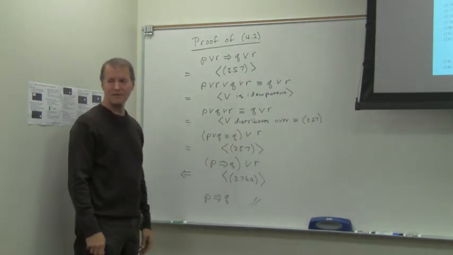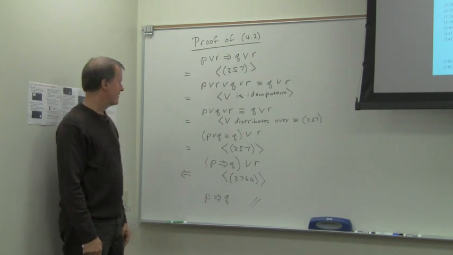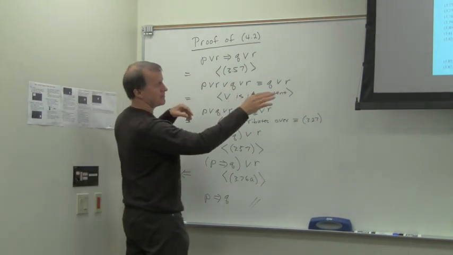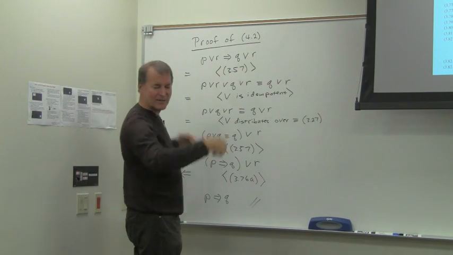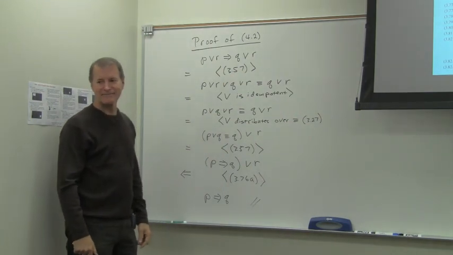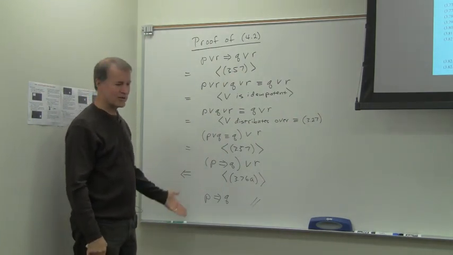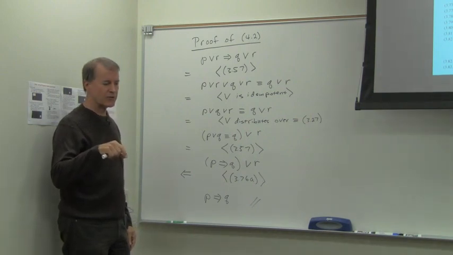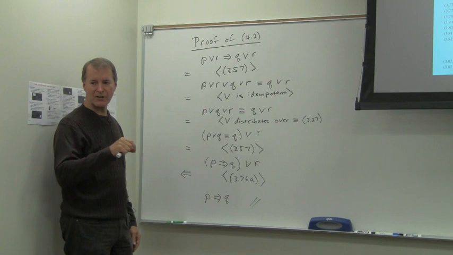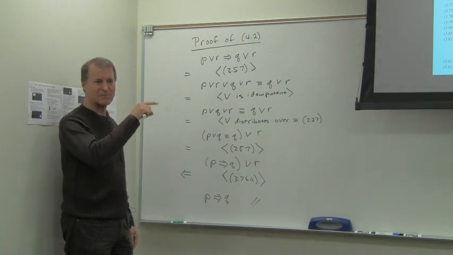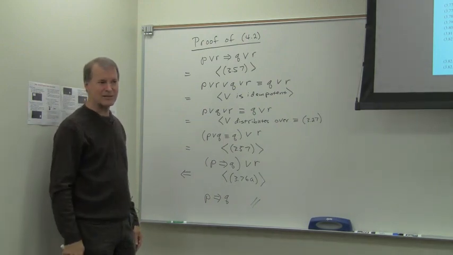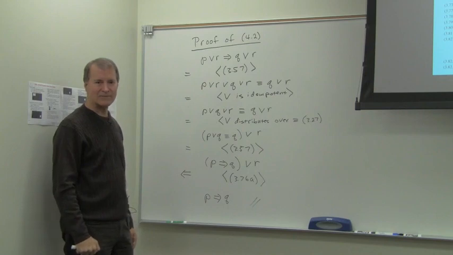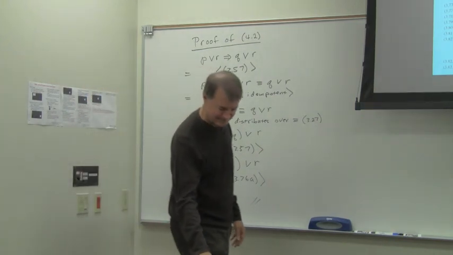You can always prove them using equals the whole way, but this gives us an alternate way. So for your homework on Thursday, I've specified that you use this technique of starting from one side and getting it to the other, so that we can learn it.